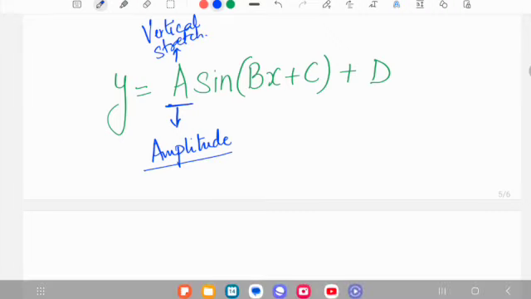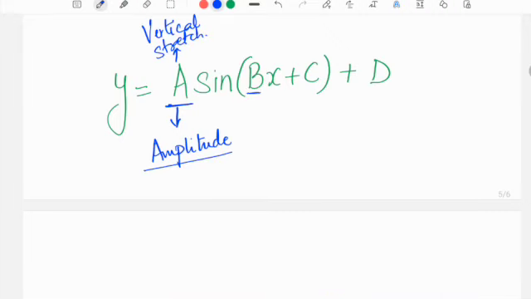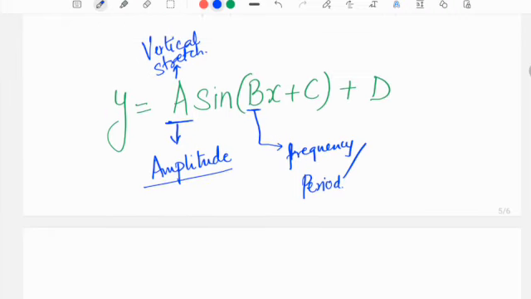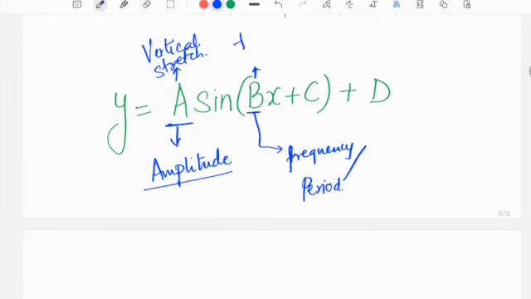Okay, now when we multiply the angle here, that gives you frequency or period, and that is your horizontal stretch. And it just makes sense because it is the x, and x is our horizontal axis, so it is the horizontal stretch, whereas a is changing the y value, so that means it is the vertical stretch, right?